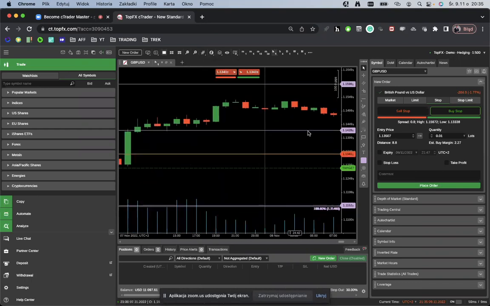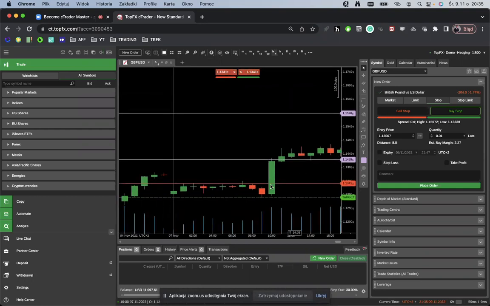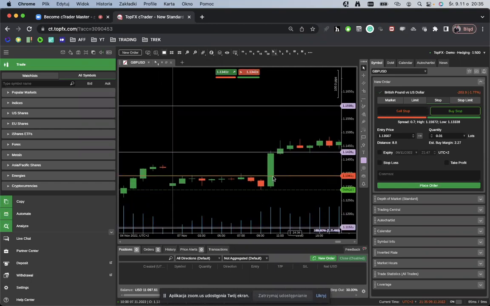This is the perfect way to use the stop order. You see this big candle here, and as you can see, this is the hourly time frame, 1 hour time frame. So that would be kind of difficult, and the precision of the entry wouldn't be that good if you used a market order, right?